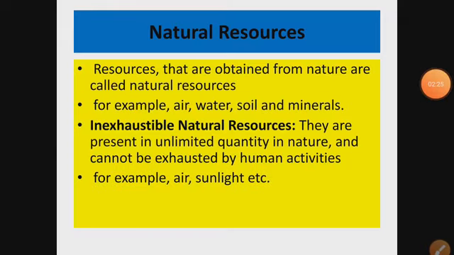Now we were talking about inexhaustible natural resources. They are present in unlimited quantity in nature and cannot be exhausted by human activity. It doesn't mean that we have to use them carelessly.